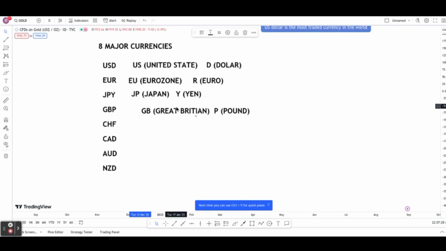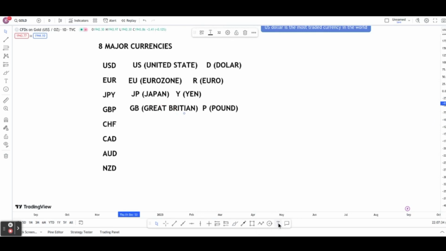So I believe you are jotting that down. The next one is CHF. This CHF is Switzerland's currency, but the CHF, I don't know, to me it's supposed to be SW, but I'm less concerned about that. That is not what gives us money.